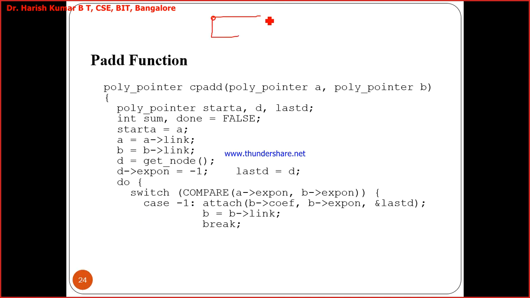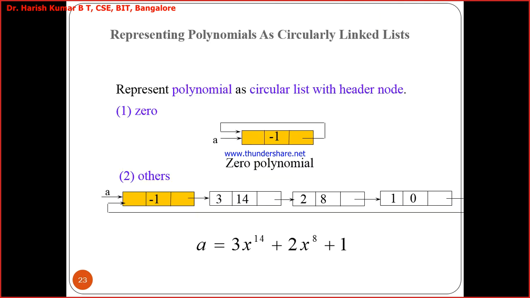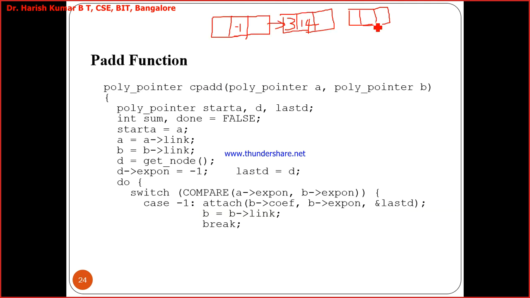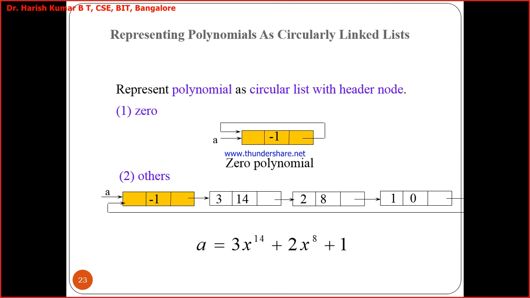Say this is my A polynomial, and -1, this is my header node, and I have 3, 14, and then one more term, 2, 8, with a link to this, and the next one is 1, 0.